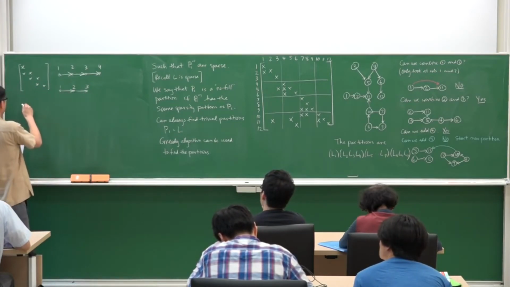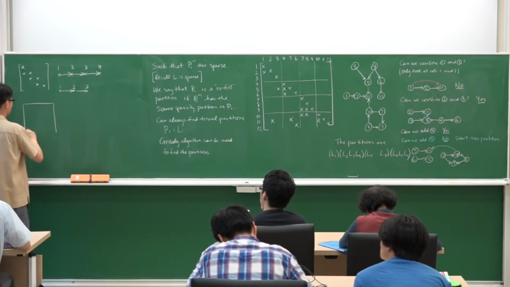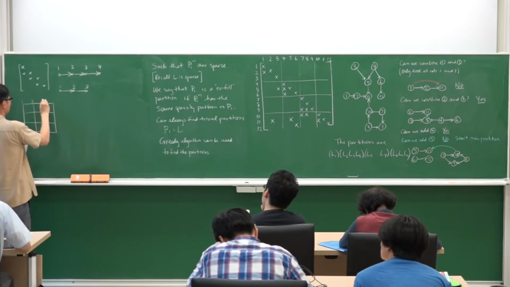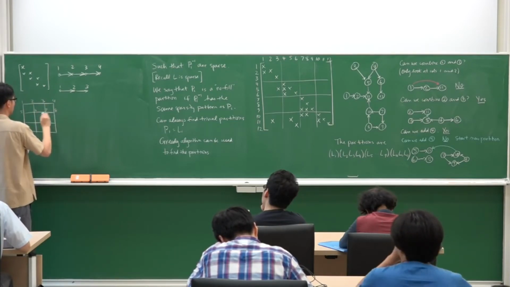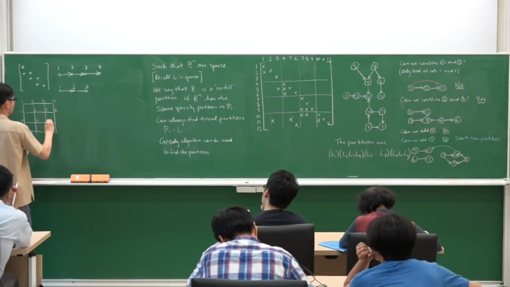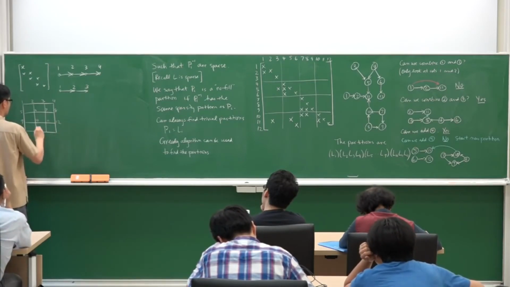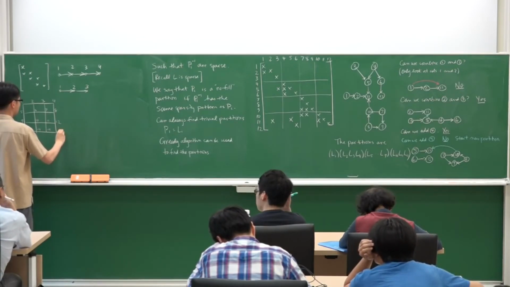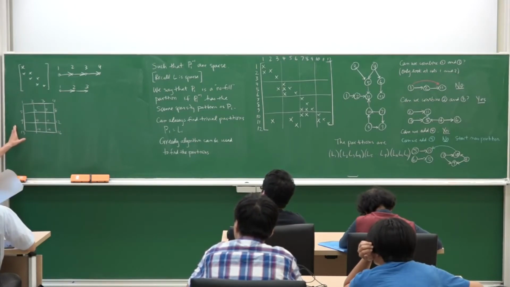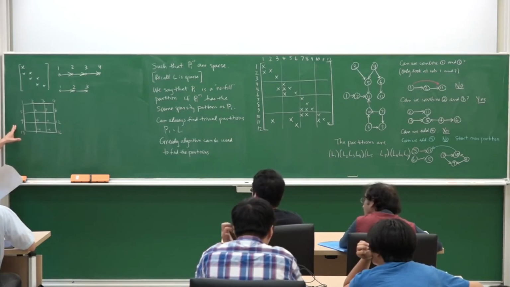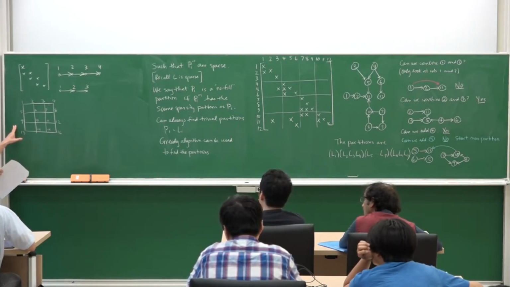Similarly, let's look at a mesh. Right, so number 1, 2, 3, 4, 5, 6, 7, 8, 9, 10, 11, 12, 13, 14, 15, 16, right? And the size of this matrix is 16 by 16, right?